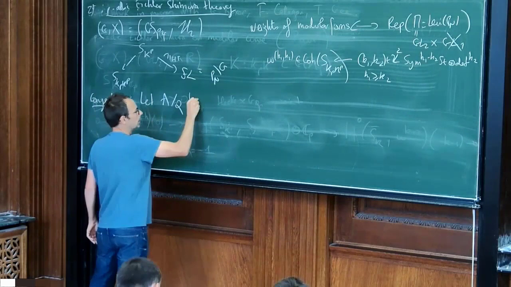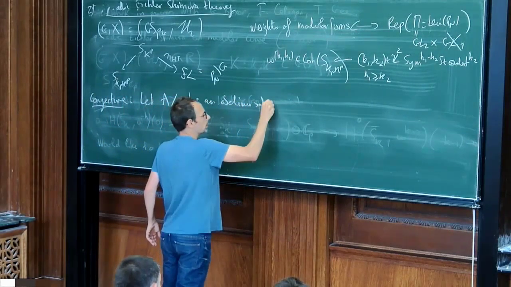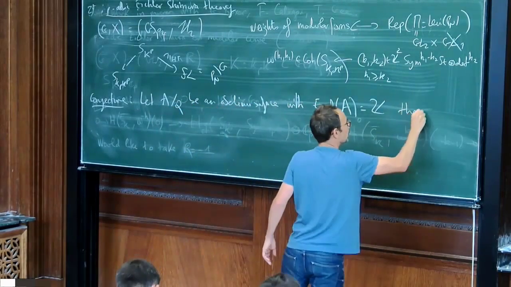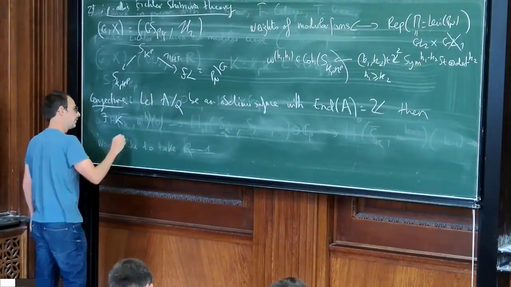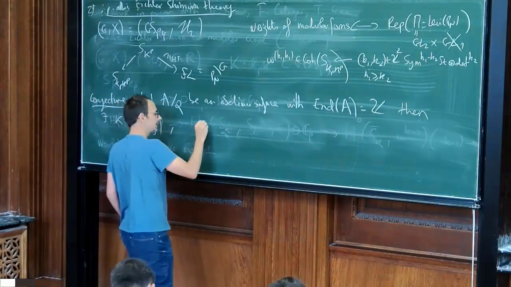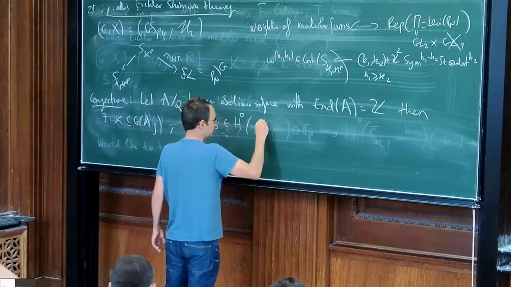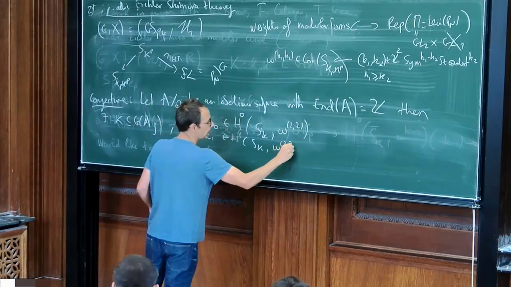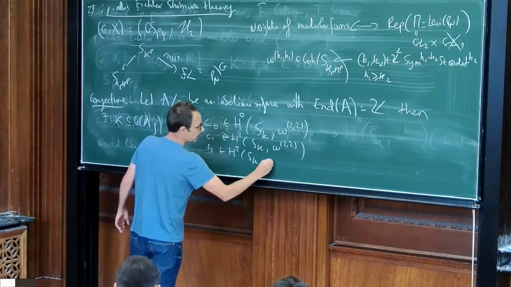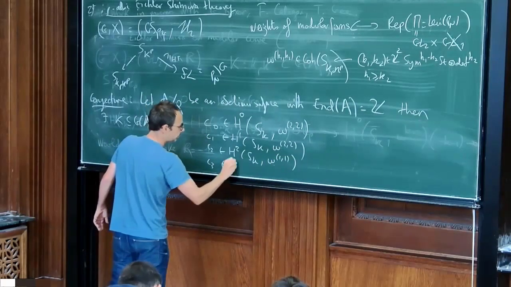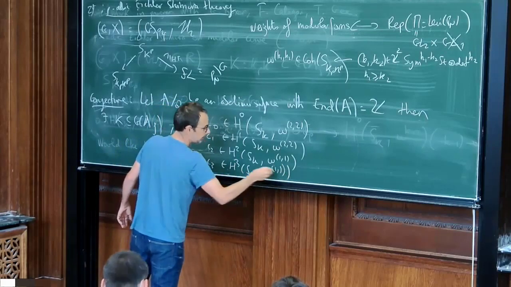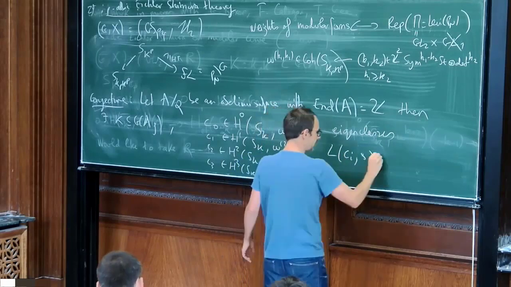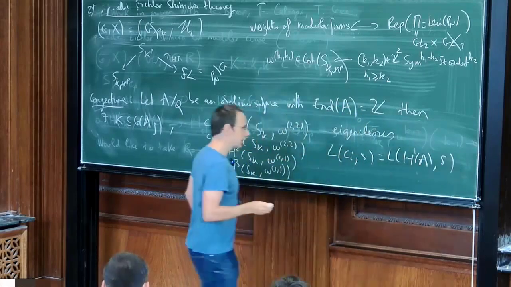Let A over Q be an abelian surface with trivial endomorphisms over Q. Then there exists a level K and cohomology classes c0 in H^0(S_K, omega^(2,2)), c1 in H^1(S_K, omega^(2,2)), c2 in H^2(S_K, omega^(1,1)) and c3 in H^3(S_K, omega^(1,1)). And these are eigenclasses, and the L-series of these classes is the L-series of the abelian variety.